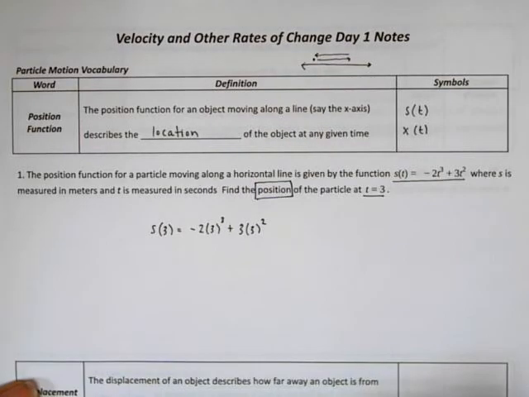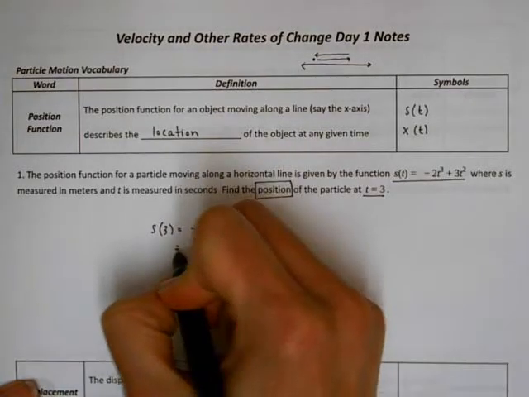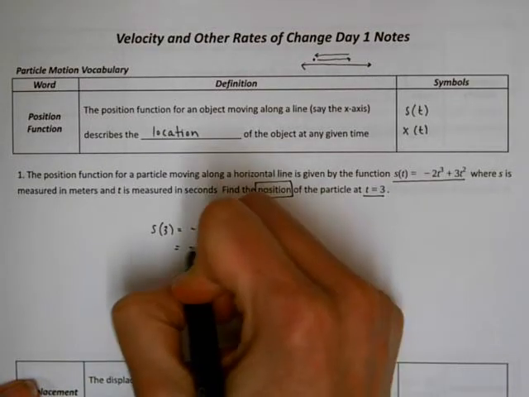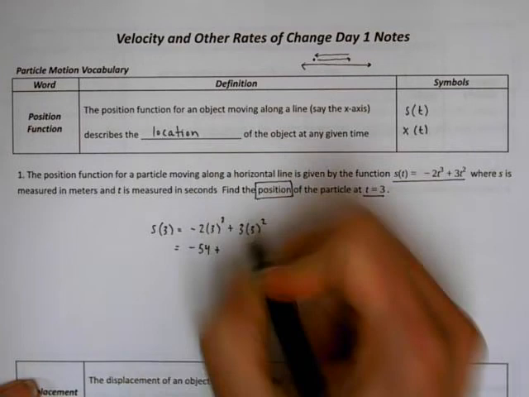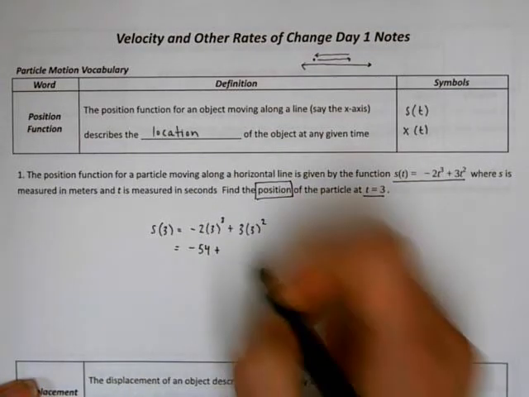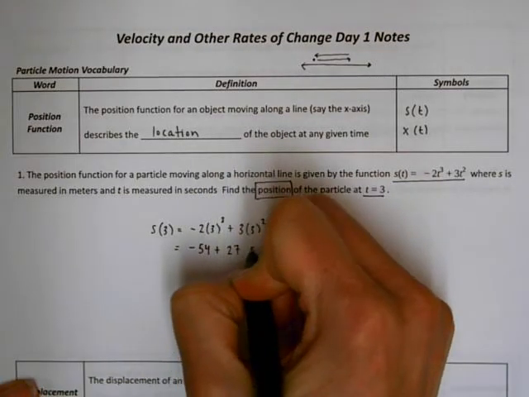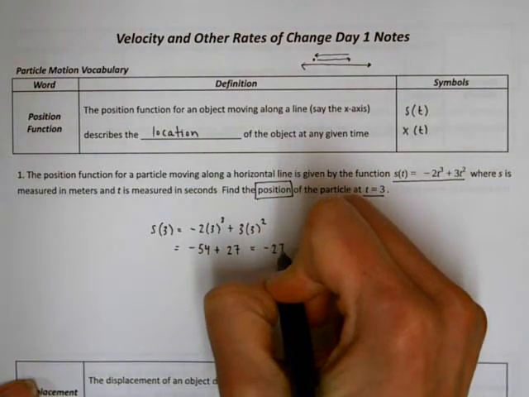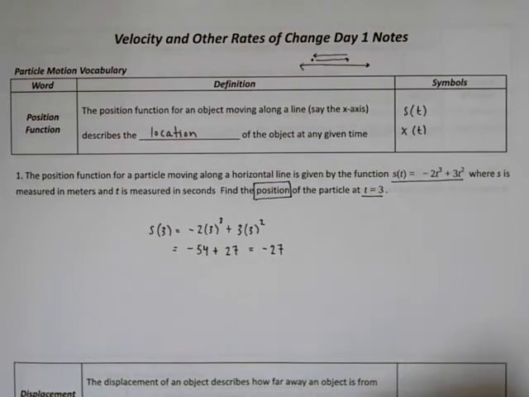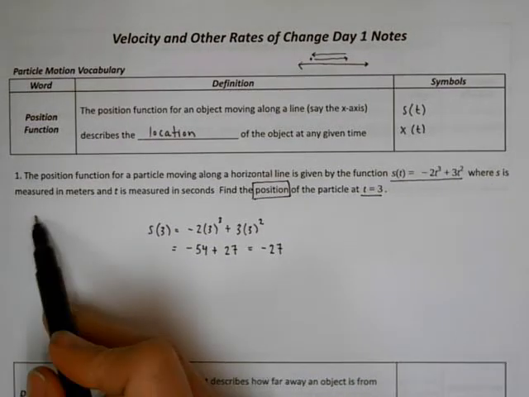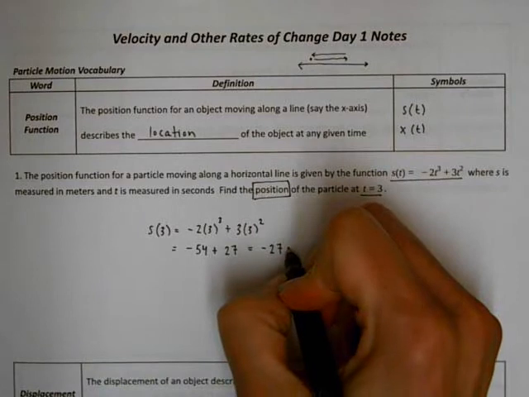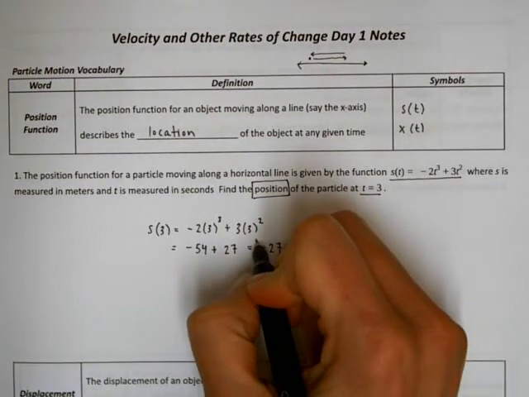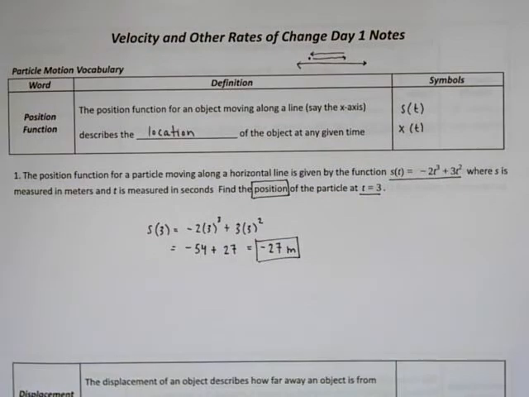Now we just need to evaluate it. 3 cubed is 27 times a negative 2 is negative 54. Plus 3 squared is 9 times 3 is 27. If I add negative 54 plus 27, I get negative 27. And my units, it says s is measured in meters, so s of 3 is negative 27 meters.